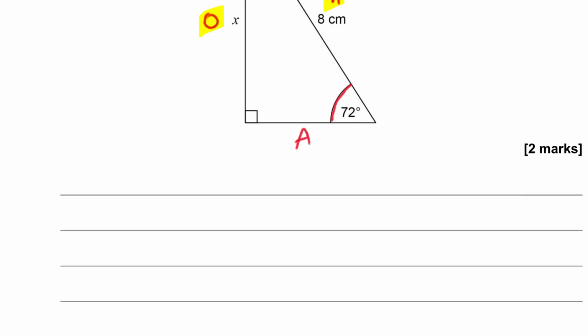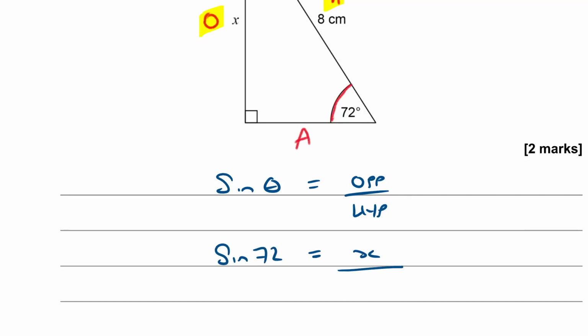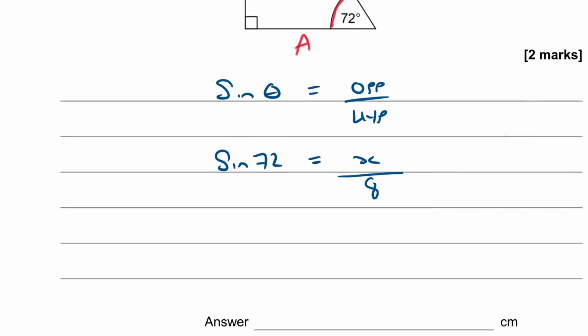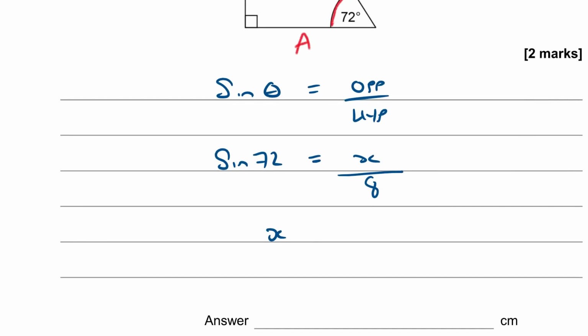Okay, so the sine of my angle, sine theta, is equal to opposite over hypotenuse, which in this case, sine 72 is going to be x over 8. Rearranging for x, what we're going to do is move that 8 up there.